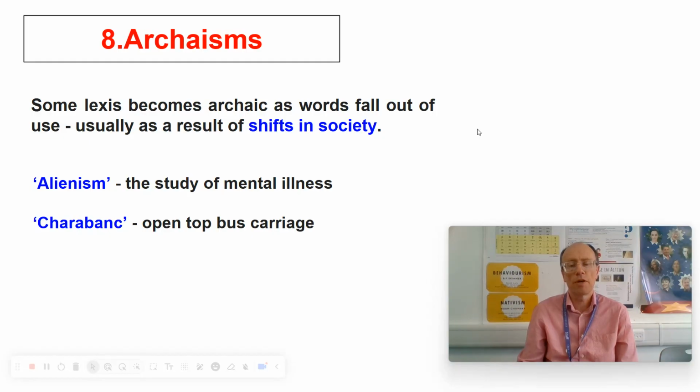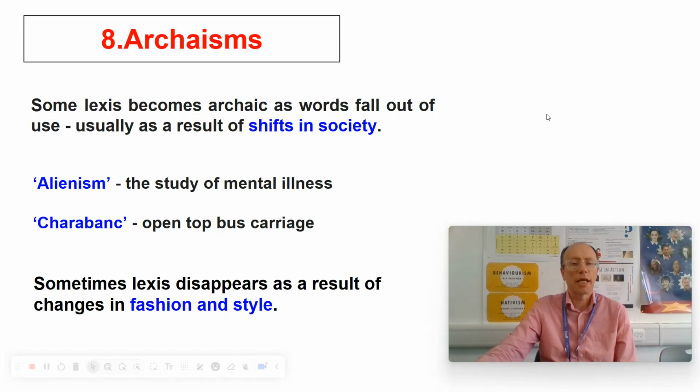Now, because we've developed a far more knowledgeable and sensitive understanding about mental health issues, we're not going to call people who are struggling from these sorts of things aliens. So the word has disappeared. Secondly, we've got charabang. This is one of those wonderful open-top bus carriages that unfortunately you don't see around, but were very commonplace 100 years ago. So two examples of words that have fallen out of the language because of shifts in society.